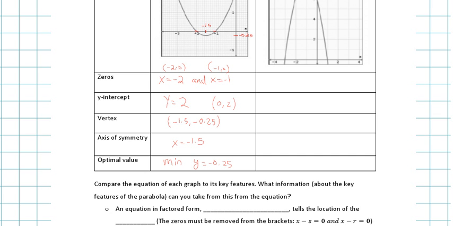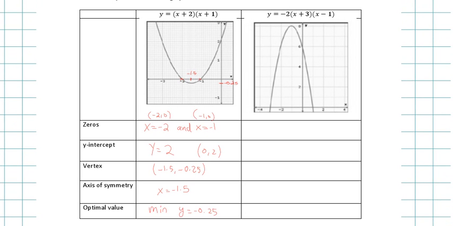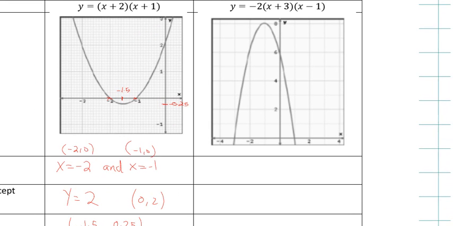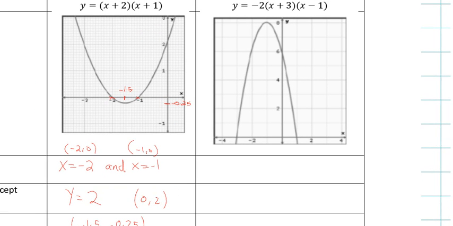Let's look at the second graph. What are your x-intercepts, or your zeros? -3 and 1. And your y-intercept?